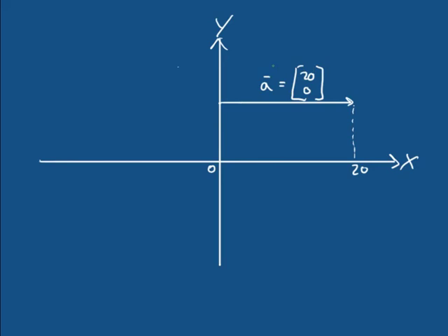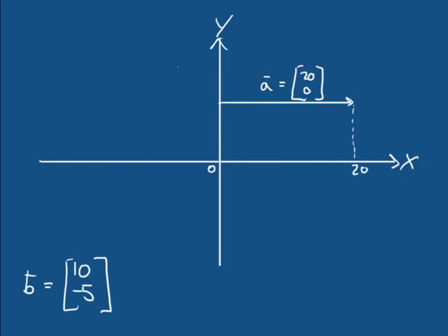Well, let's say we had some other vector. Let's say I had a vector b, and that vector was equal to, I don't know, let's pick on 10 and minus 5. What would this look like in our Cartesian space? Well, it's a vector that's travelling 10 units in x, and when it's travelled 10 units in x, it's also travelling minus 5 units in y.